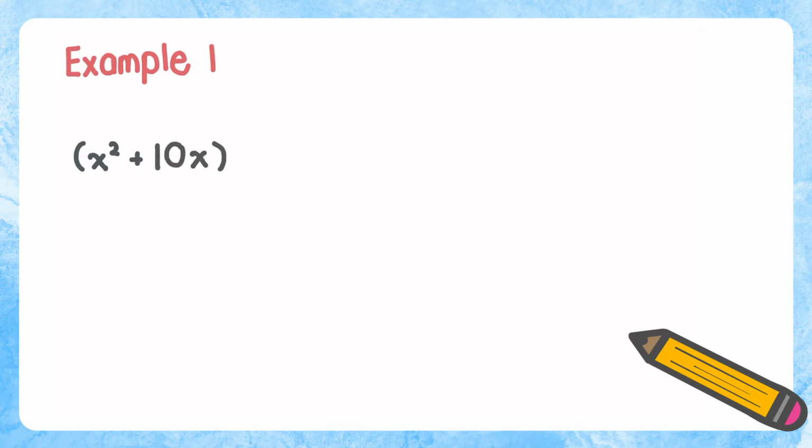So for example 1, let's say I had x squared plus 10x plus 6x plus 3. So let's first look at the first name of each individual term. That's the degree. So first let's look at x squared. Since it has a degree of 2, remember we would call this a quadratic.